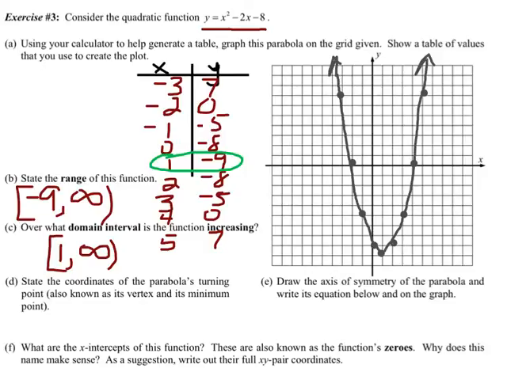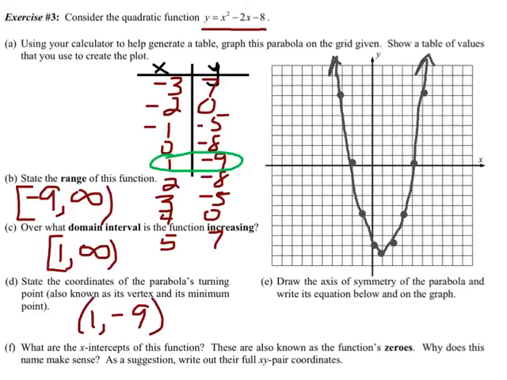D says, state the coordinates of the parabola turning point, also known as the vertex, and its minimal point. Well, in this case, my vertex is (1, -9).